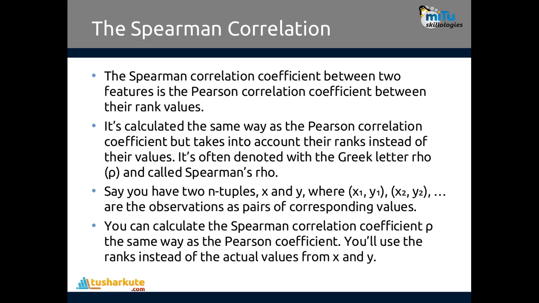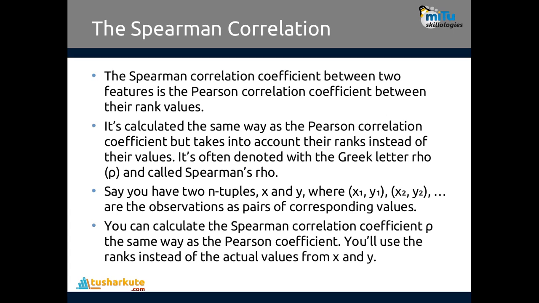Now, so this is basically what we call rank correlation, and in rank correlation again two different methods are used. The first method is the Spearman correlation. The Spearman correlation coefficient between two features is the Pearson correlation coefficient between their rank values. Perfectly linear, incrementing, both are incrementing in the same direction, no deviations. That's what we have, Spearman correlation.